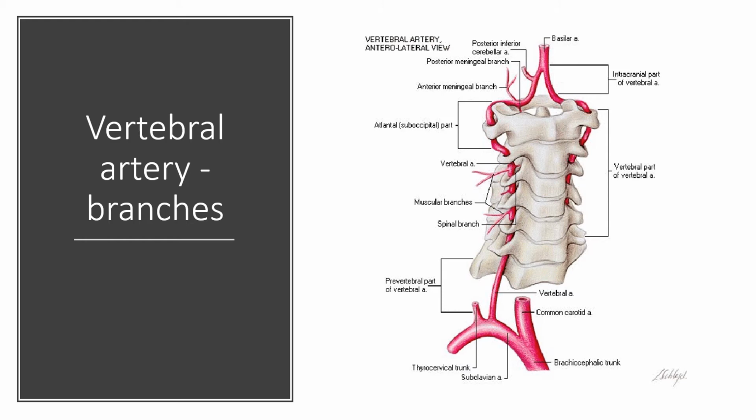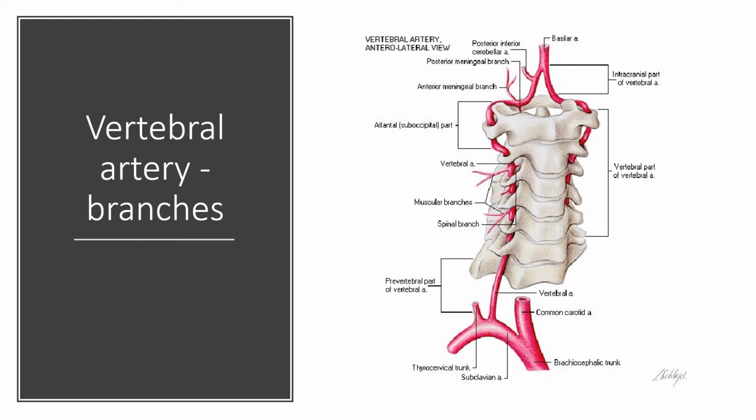The anterior spinal artery is a small branch arising near the termination of the vertebral artery. It descends in front of the medulla and unites with its fellow of the opposite side at the level of the lower end of the olive to form a single median trunk. Then it descends along the anterior median fissure of the spinal cord.